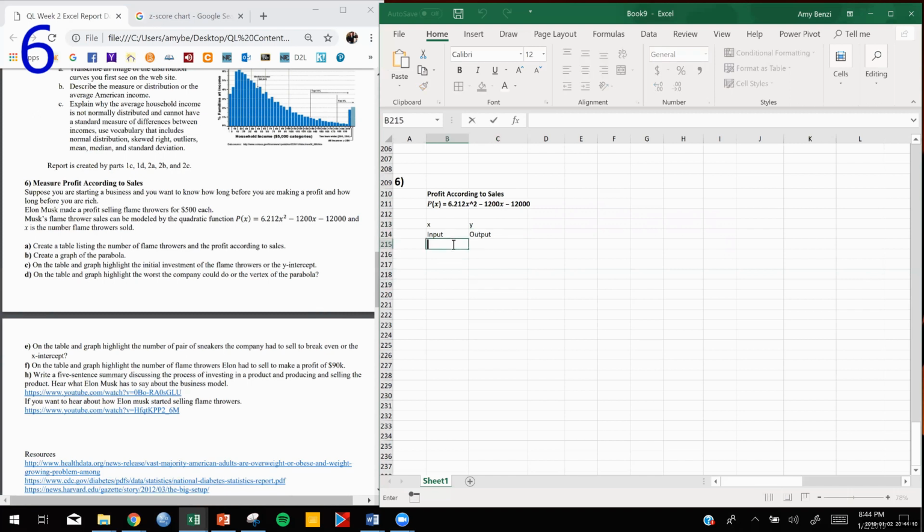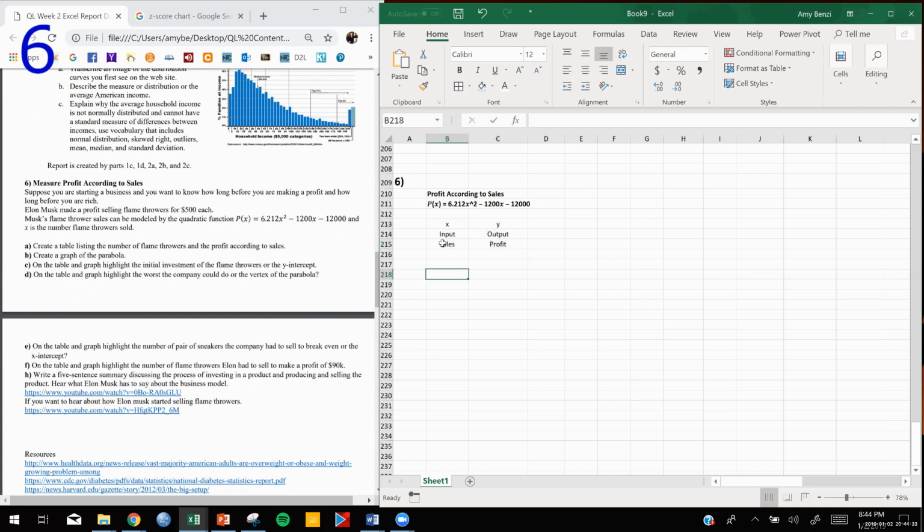In this case, our input is the number of sales. How many flamethrowers did we sell, or did Elon sell? And the output is going to be our profit. So I just labeled these with all of the information because I want you guys to remember what we call all this stuff. So I'm going to go ahead and center all of this.